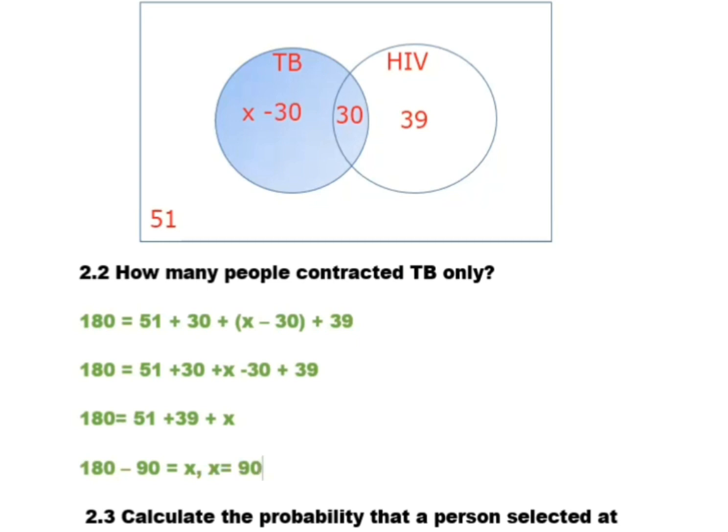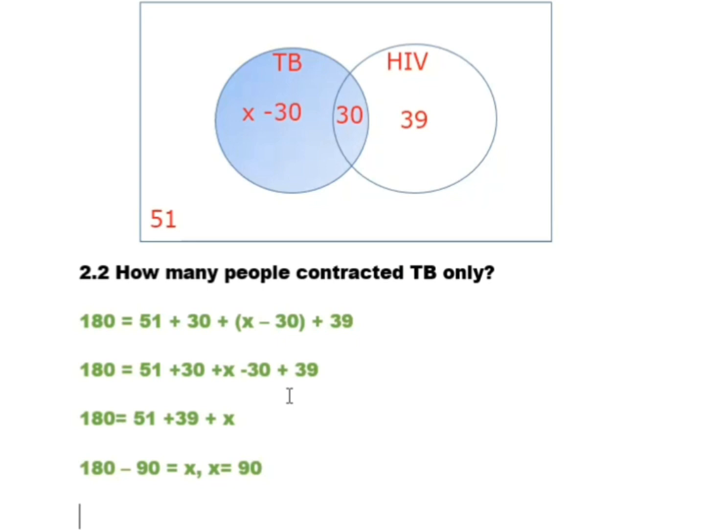So for us to find out how many people only have TB, where there's X, you're going to substitute it with 90. So you say 90, which is your X, minus 30 is equal to 60. And these are the people who only have TB.